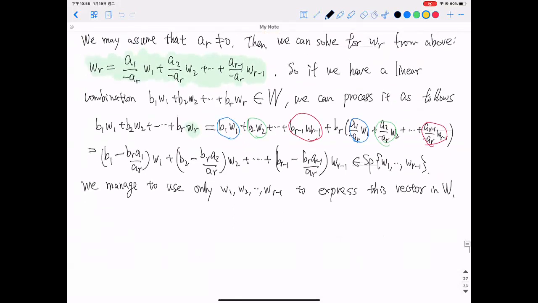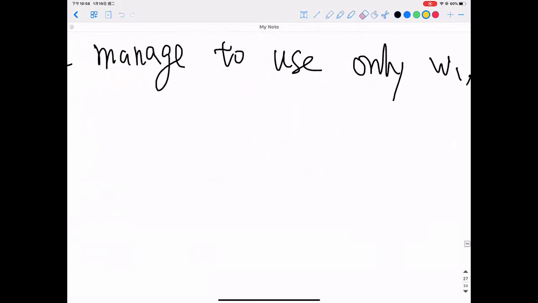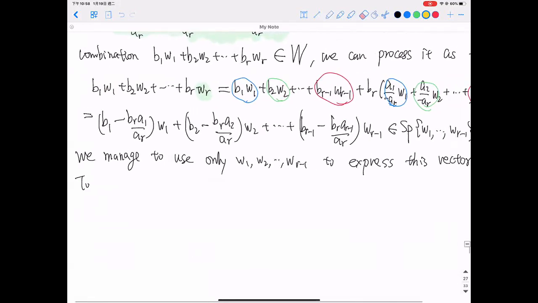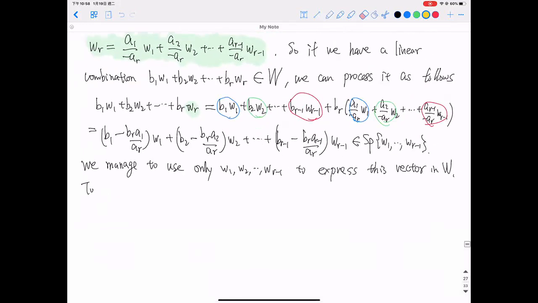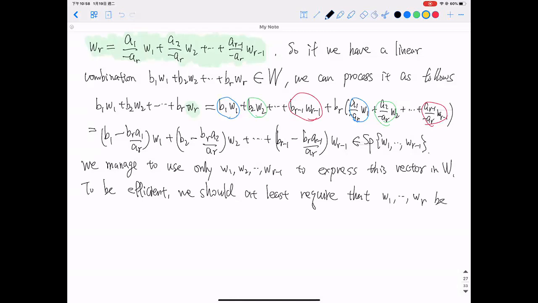To be efficient, we should at least require that W1 through WR be linearly independent.